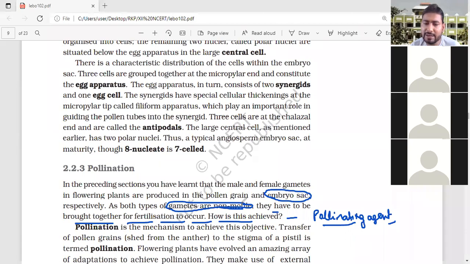Someone said something, can you say again? Biflagellate. Excellent.